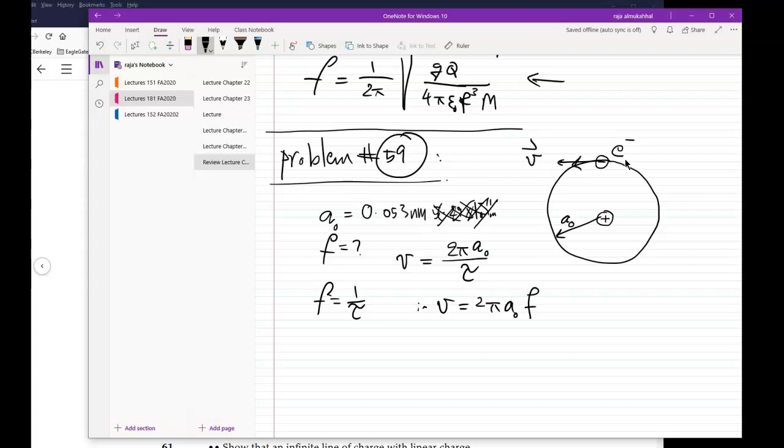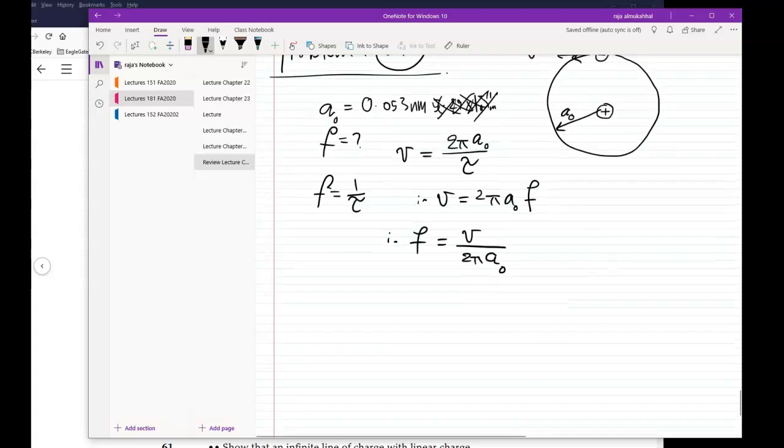And so therefore, f is equal to the velocity over 2 pi a naught. Anything else?